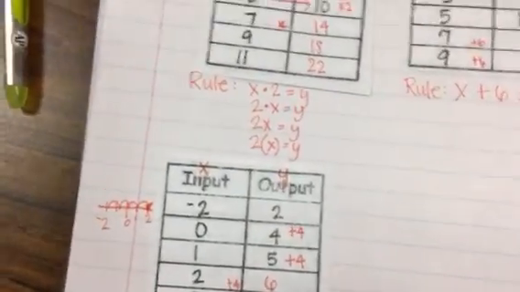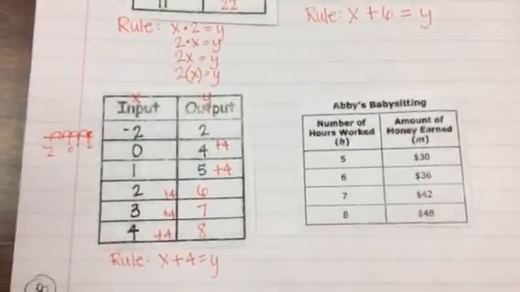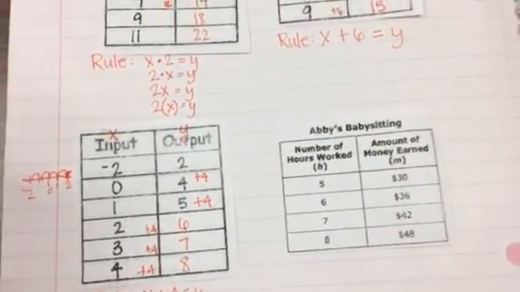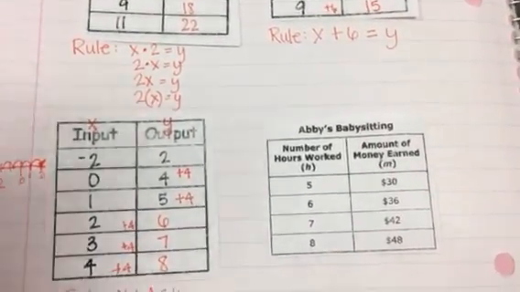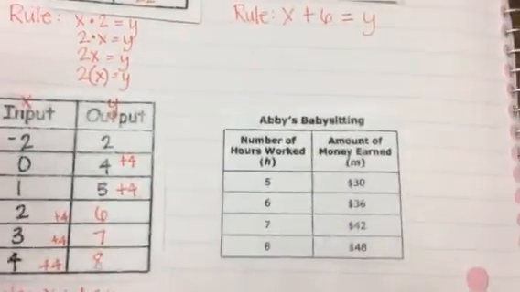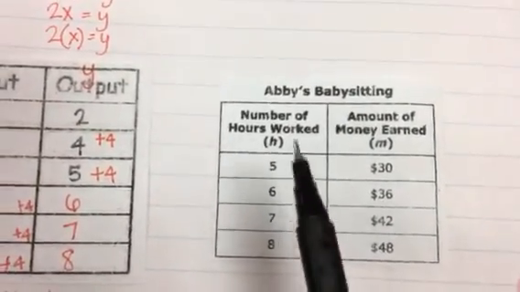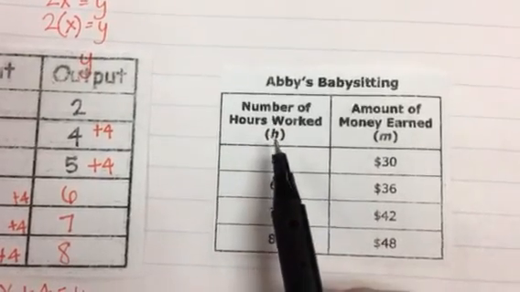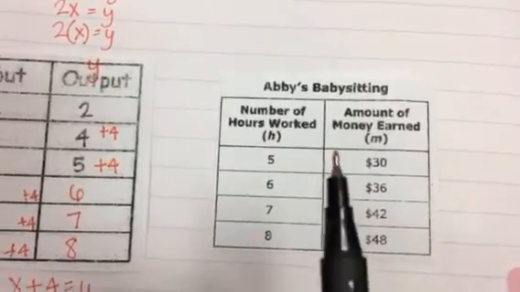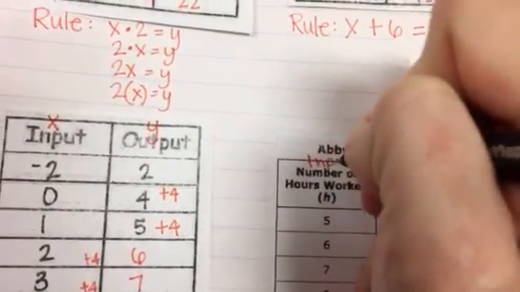So the final one is talking about Abby's babysitting. And we're going to use this one to talk about a real life context and see if we can figure this out. So let me tell you how you're going to see these. This says that we're comparing the number of hours that Abby worked, and we're using an H for that instead of an X, but this is still my input value, guys.